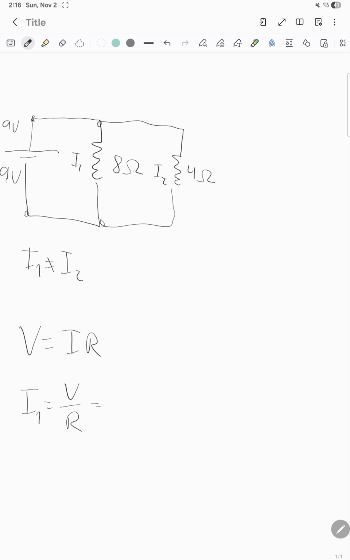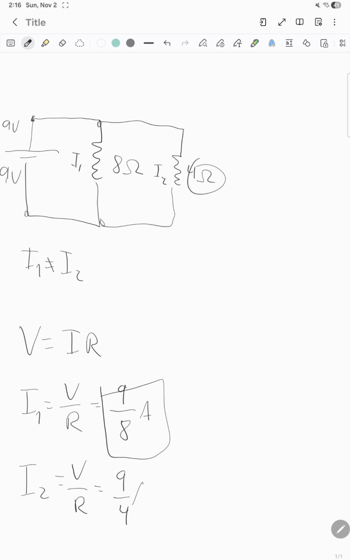I1 will be equal to 9 divided by 8 amps. And for I2, we'll get also voltage divided by R, but the R is different, which will be 9 divided by 4. So 9/4 amps. So that is the answer for our circuit here.